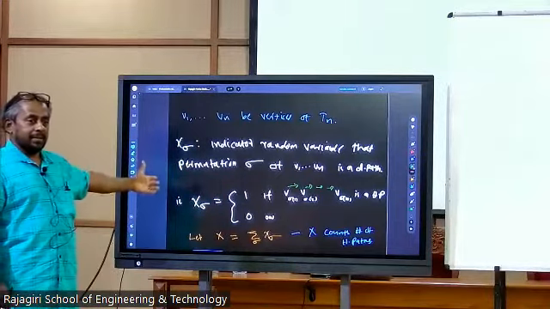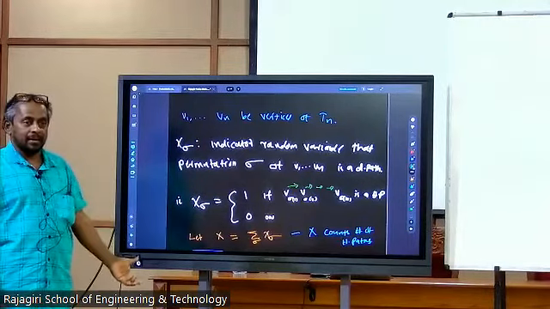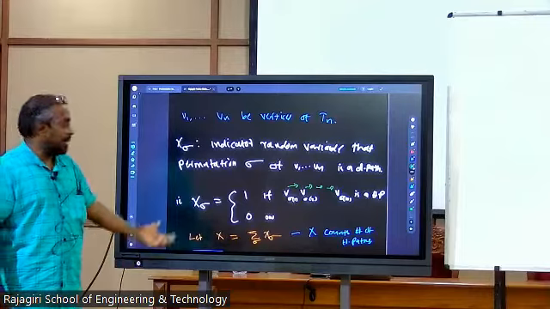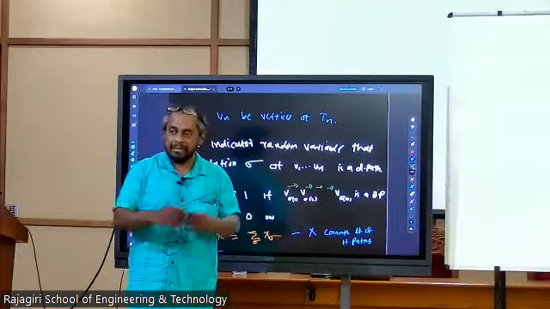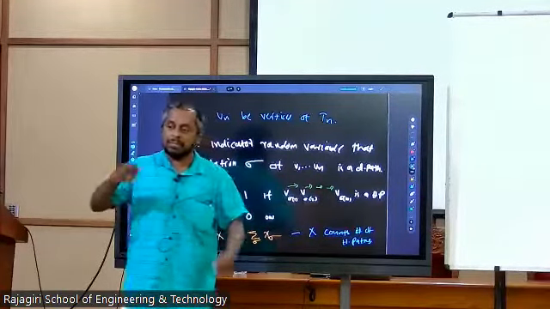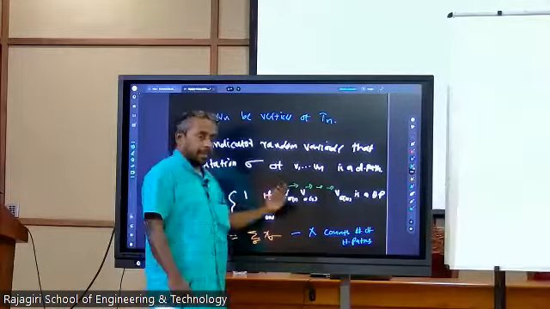Just like we did in the previous case, you look at each edge. How many edges are there? N minus 1 edges, because it's a path. And these edges all must be in the same orientation. What is the probability for that happening?